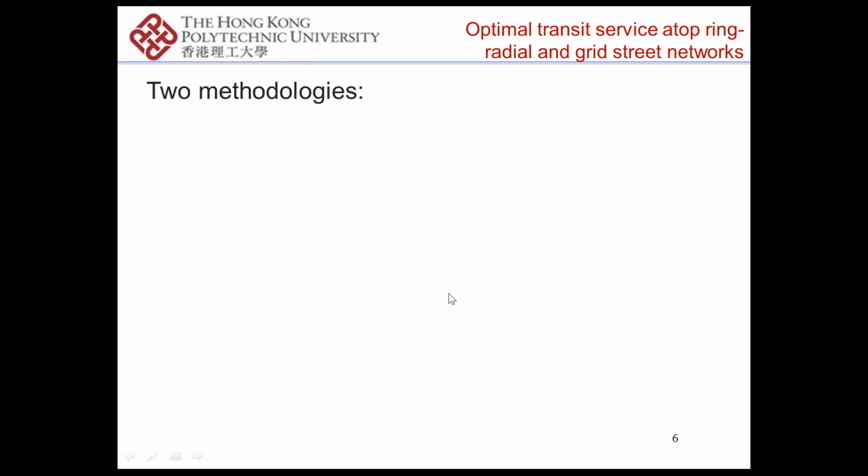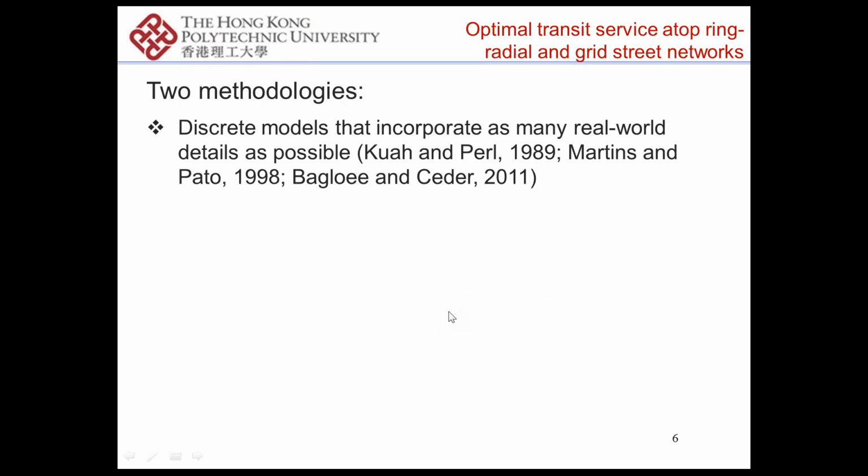The first class is the so-called discrete models that incorporate high levels of real-world details into the models, including the geographical constraints on route and stop locations and specific OD, origin-destination, demand. To their credit, designs derived from those models can be readily implemented in practice.